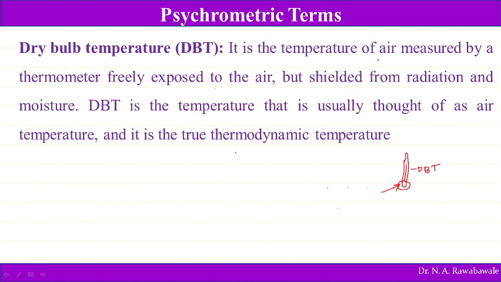It is the temperature measured by a thermometer freely exposed to air. There is no covering over the bulb of the thermometer. It is open to the atmosphere but shielded from radiation and moisture. Shielded from radiation means no sunlight should fall on it and no moisture should come in contact with it. So it is prohibited from contact with sunlight and moisture, but freely exposed to the environment.